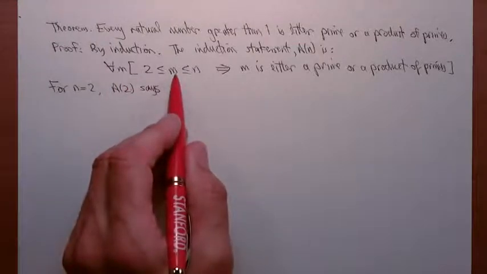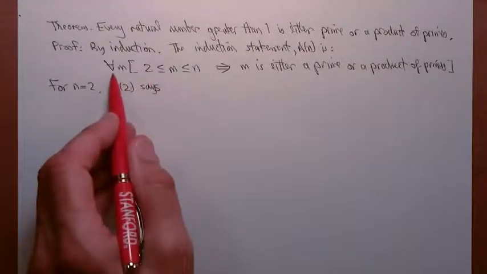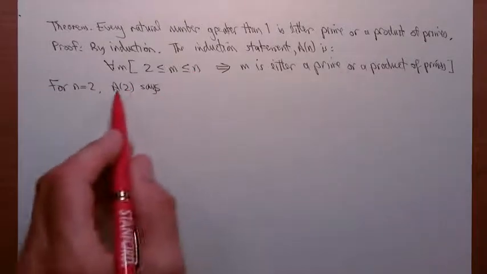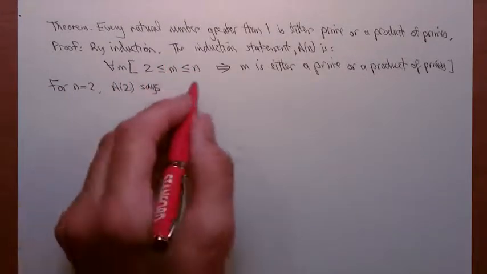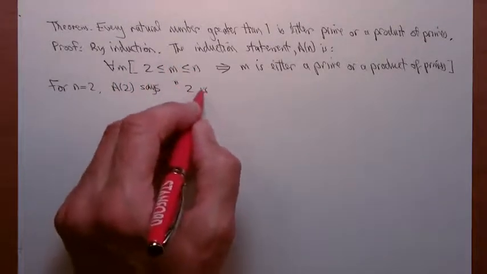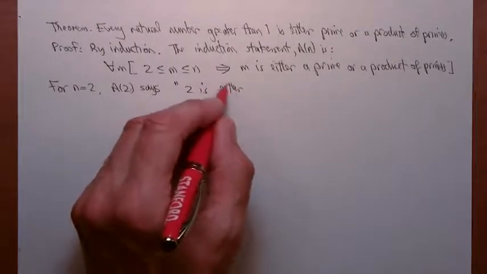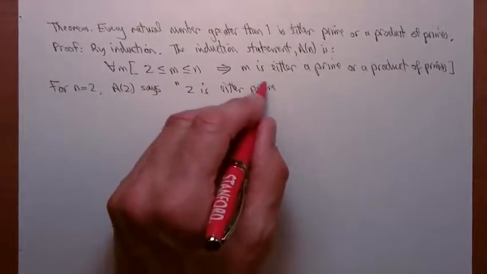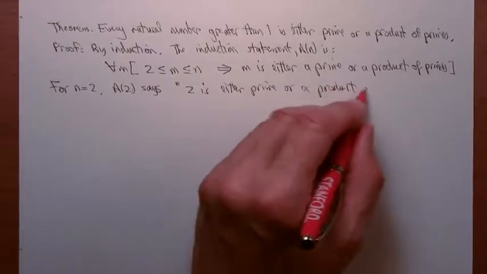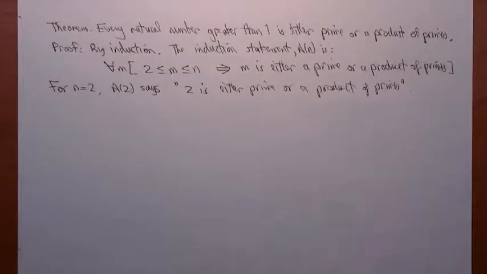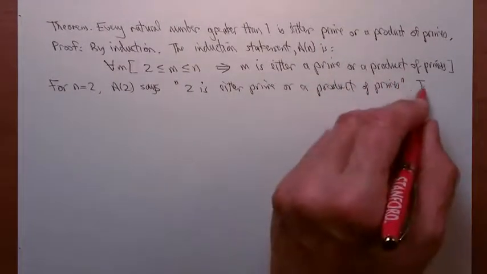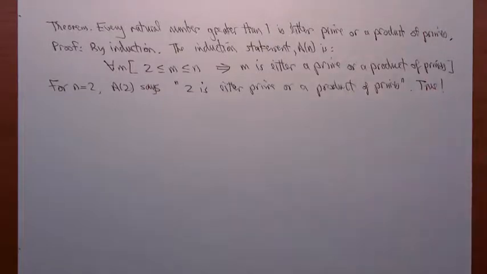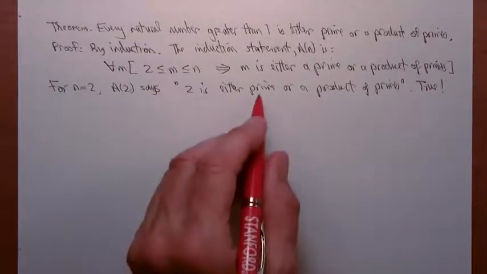There is just n equals 2. So this statement, when n equals 2, simply says 2 is either prime or a product of primes, which is true. 2 is a prime.